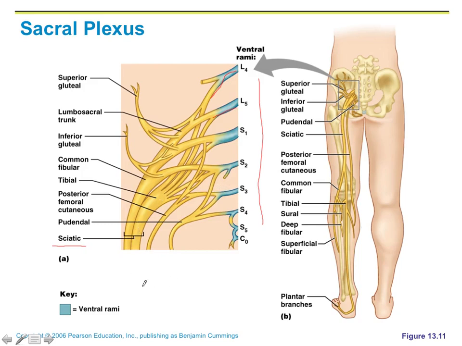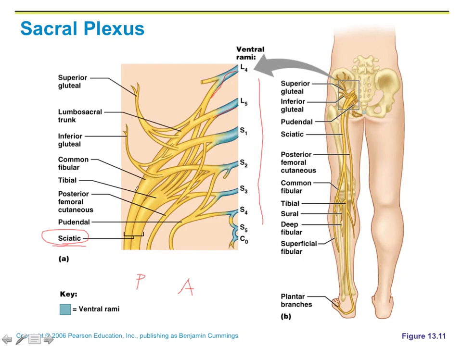So this plexus also has the posterior side and anterior side. Okay, so let's take a look at the sciatic nerve. Sciatic nerve actually is in the posterior side. Okay, posterior side. So we can see the L4, L5. So this is sciatic. Okay, so you got this one. We also have another trunk.